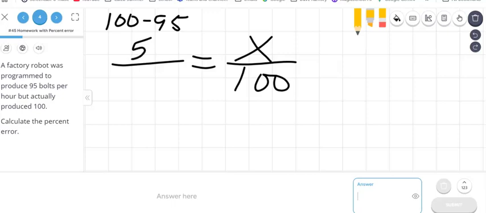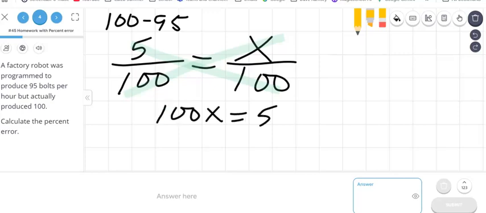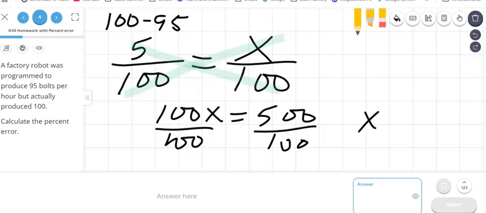Actually produced, so I'd say it goes like that. Do our cross products. We get 100x equals 500. Divide by 100. We get x equals 5%.